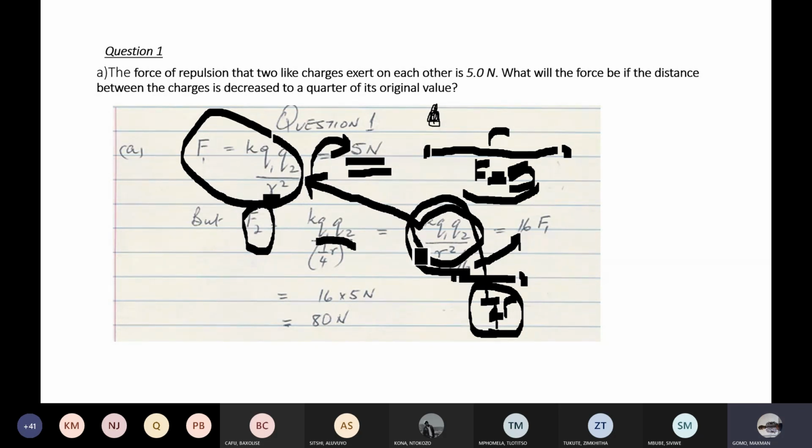So in place of all this, you're going to put the value of F1, which is 5. So at the end of the day, you have 16 multiplied by F1, which is 16 multiplied by 5. Then you get 80 newtons. Do you guys get it?